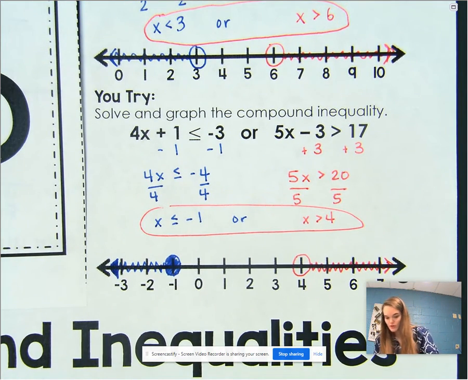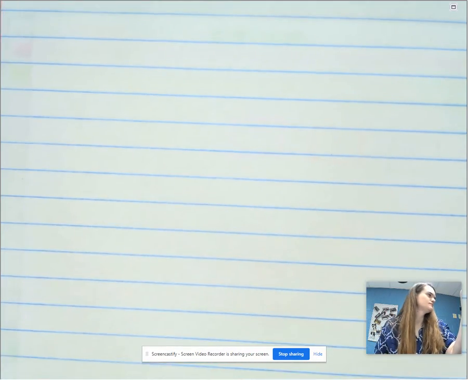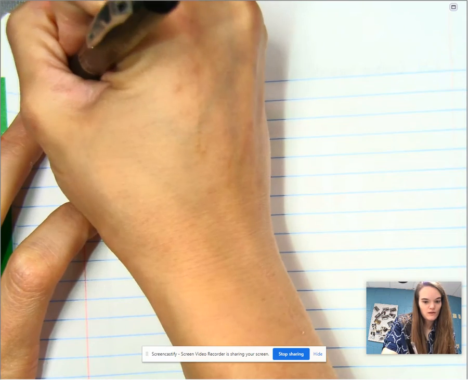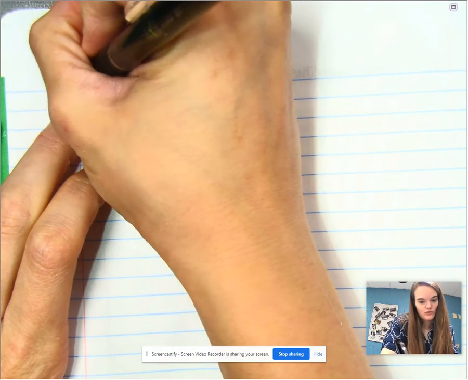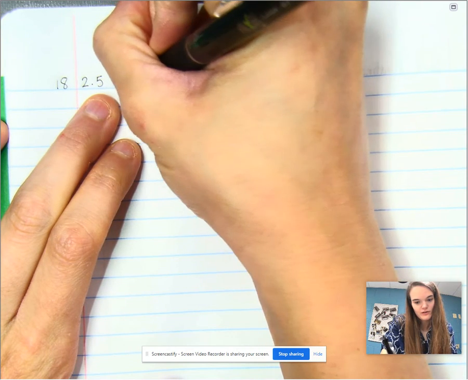All right. We are going to keep talking about compound inequalities for the next 3 days. I say 3 days. You will have a lesson tomorrow, and on Friday it's going to be a work day. You're going to work on all the things that you may or may not have finished. Once you have this finished, open your notebook to page 18. Label page 18, 2.5, Compound Inequalities.